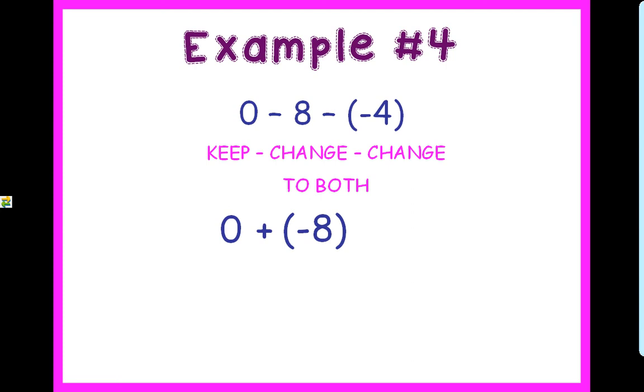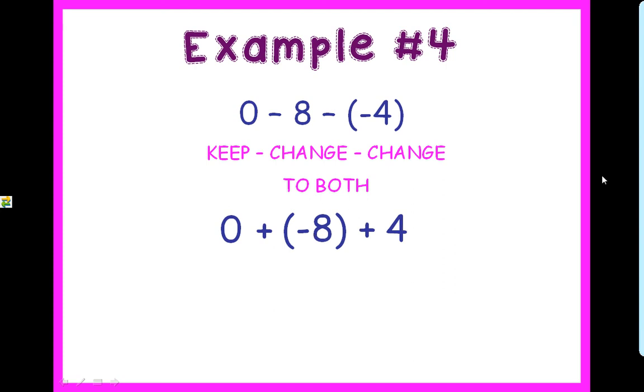Now, don't get confused at this part here. Now we're going to keep this negative 8, change the minus to a plus, and then that negative 4 becomes a positive 4. Meaning we're not going to change that negative 8 back into a positive 8 here. We're going to keep, change, change. So we keep the 0, change, change, then keep, change, change.